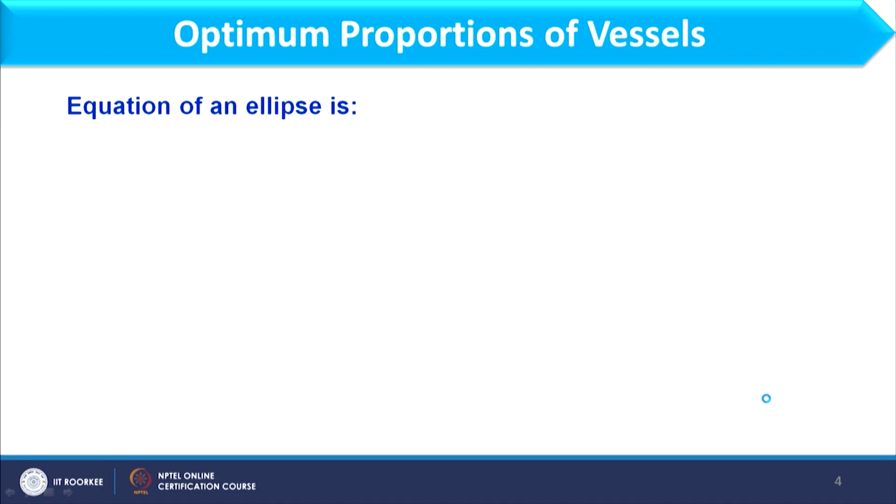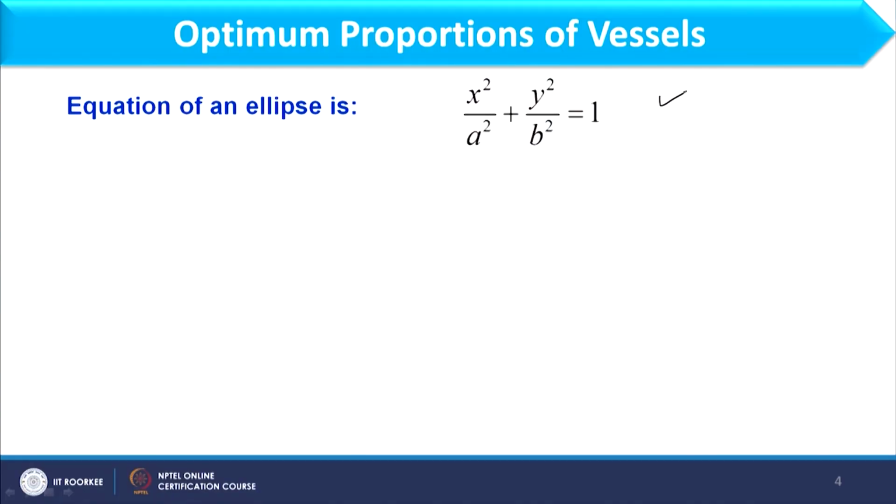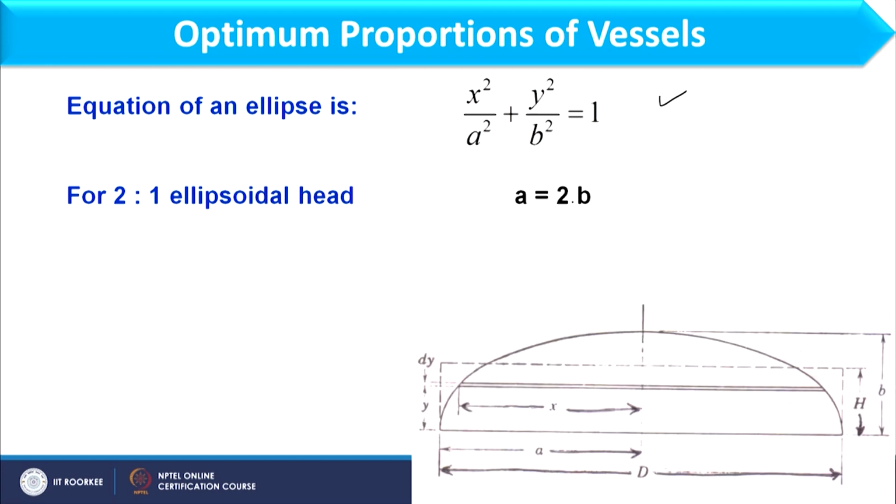So, in this case, as I am considering an ellipsoidal head, I will use the equation of an ellipse, which is x square by a square plus y square by b square equal to 1. If I am having a 2:1 ellipsoidal head, a should be 2 and b should be 1. So, a should be 2b. So, what is A and B? That is already given in this diagram, and that we have discussed already.